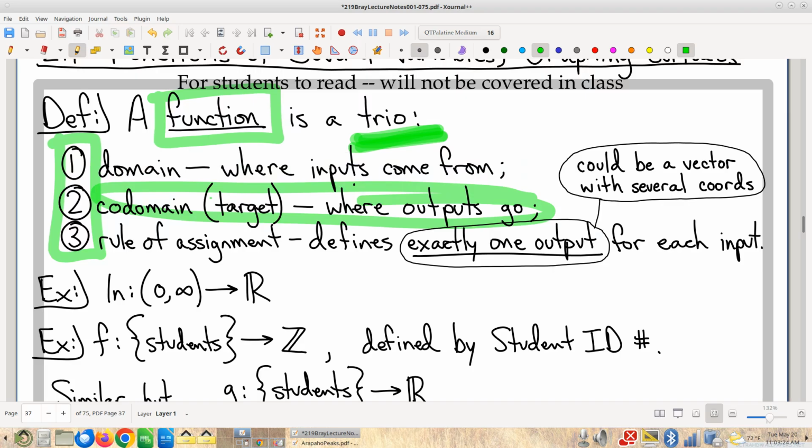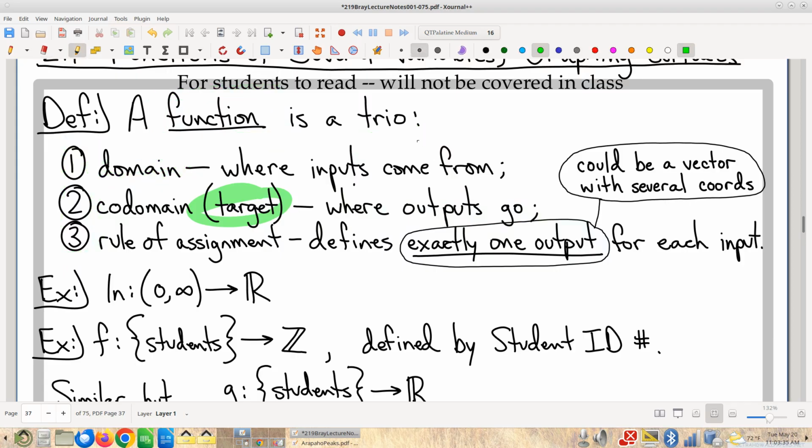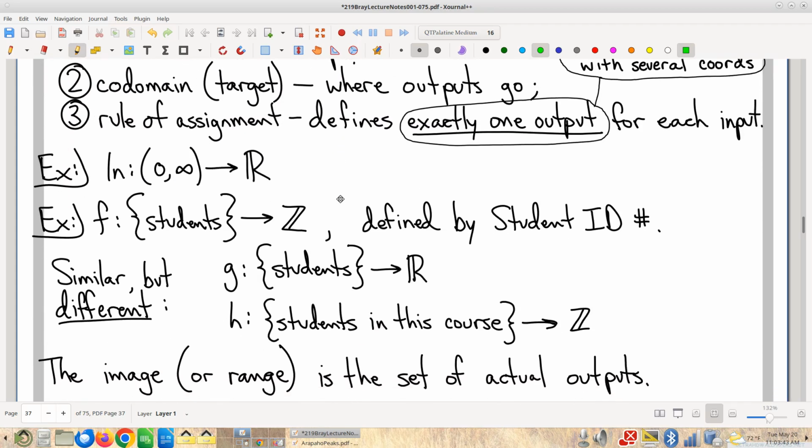Right? The more common terms are domain and target. That's what I'll be using going forward. So be on the lookout for those terms. The term target, sometimes codomain. Okay. All right. So just a couple of examples.